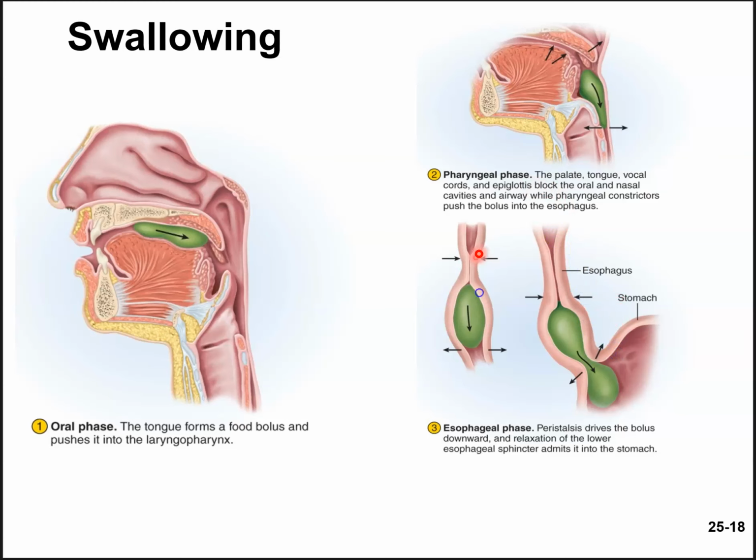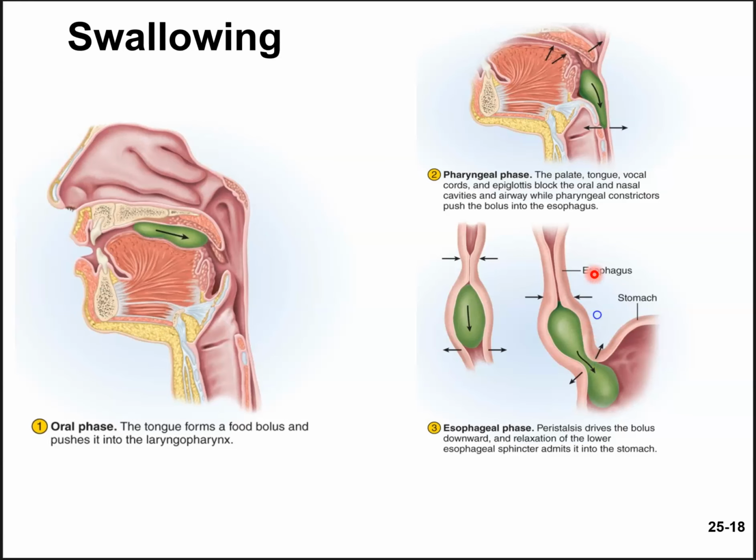So once the food is pushed down the esophagus, it's followed by an involuntary wave of smooth muscle that we call peristalsis. The first wave of peristalsis is followed by a second wave of peristalsis to make sure that all the food has been pushed down the esophagus.